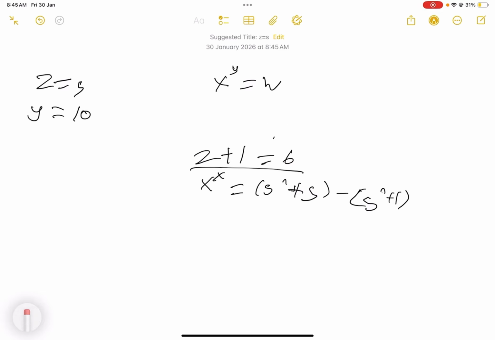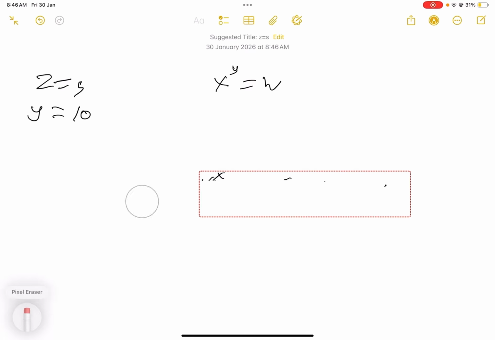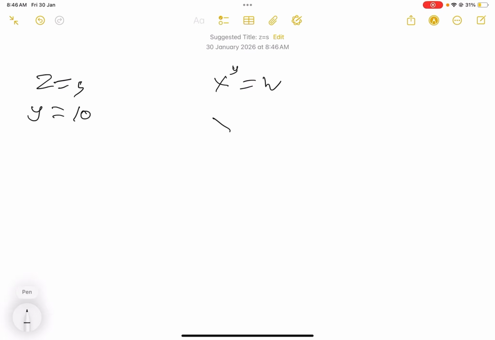So we can remove that because it's not useful anymore. And then we just need to solve for this right here. Because we are subtracting a 5 to the n and adding a 5 to the n, we can just remove those, and 5 minus 1 is equal to 4. So x to the x is equal to 4.